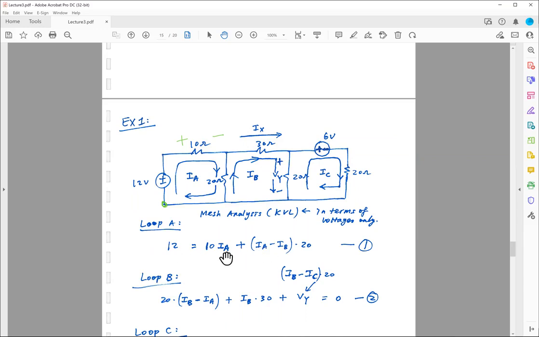So for loop B, since I'm now operating on loop B, IB is going to be more dominant than IA and IC. In this case, again, I'm going to start from the bottom left. This is always my starting point. I'm operating on a new loop now.